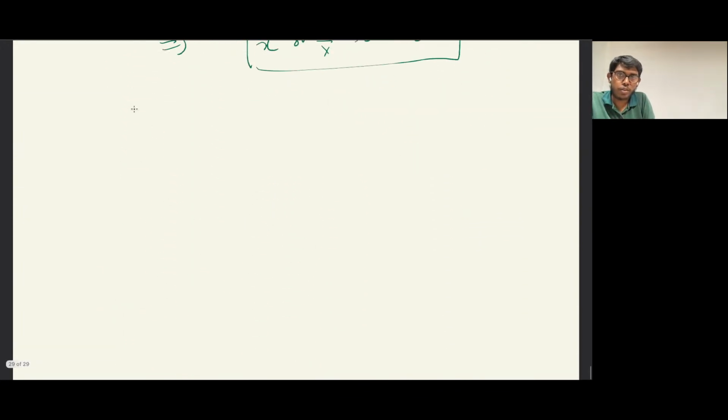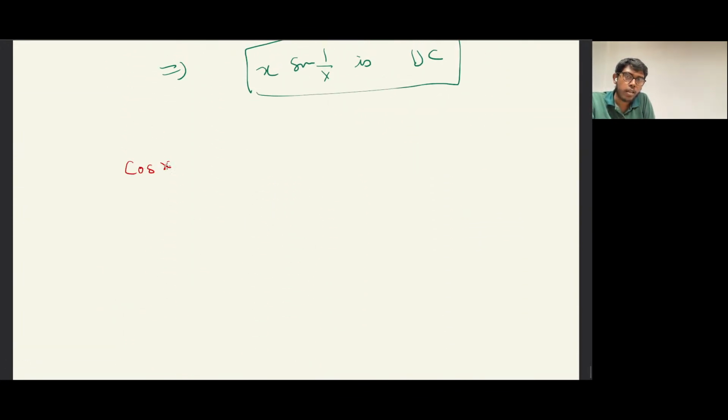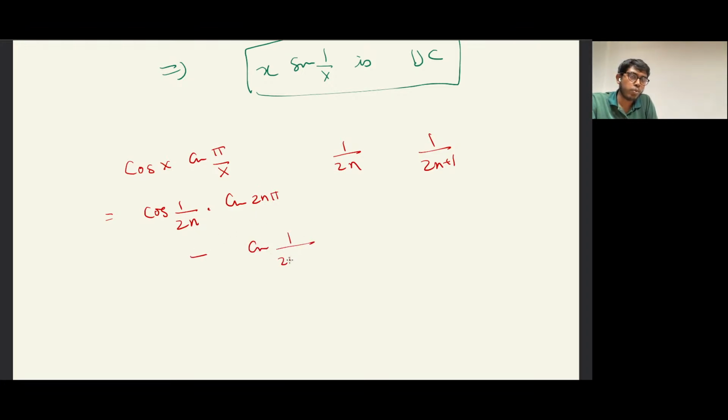Then you have cosine x times cosine pi by x. So this equals cosine 1 by 2n times cosine 2n pi, minus cosine 1 by 2n plus 1 times cosine (2n plus 1) pi. And this is 1 and this is minus 1.